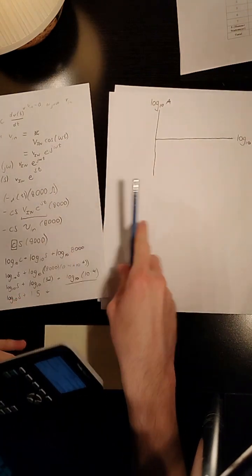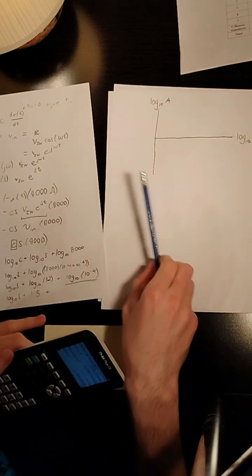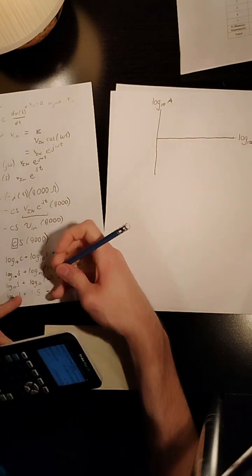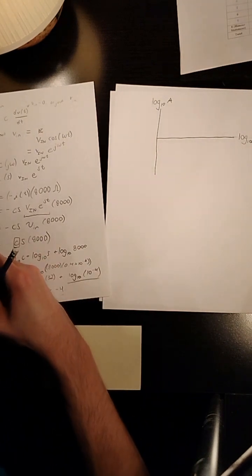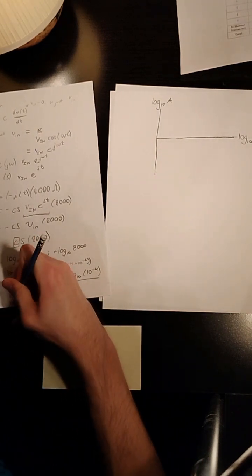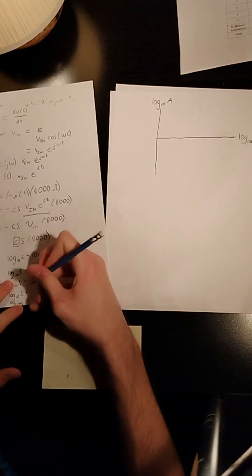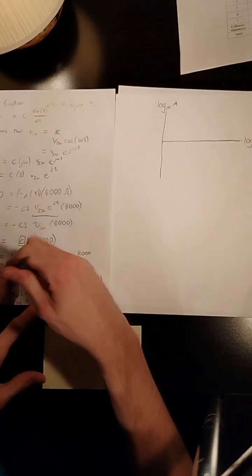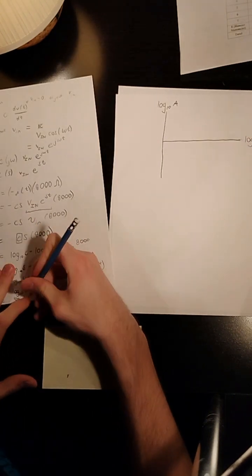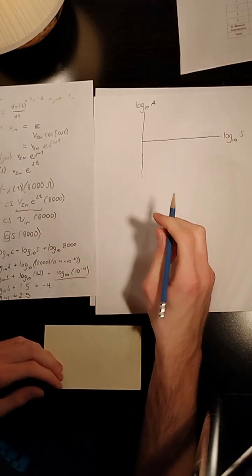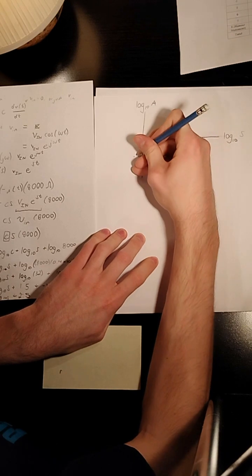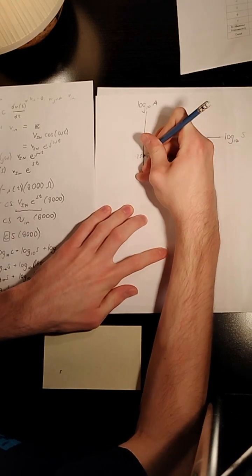And this is, yeah, negative 4. So this combines to make negative 2.5, sorry. Log 10 of A is equal to log 10 of S plus minus 2.5. All right, so it starts here at negative 2.5, and then you get that.